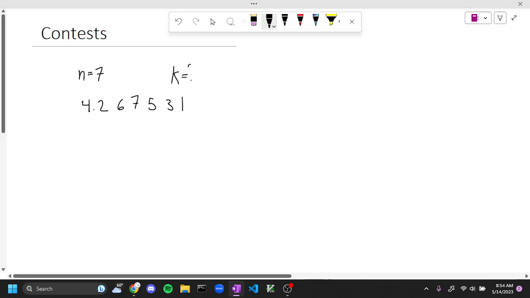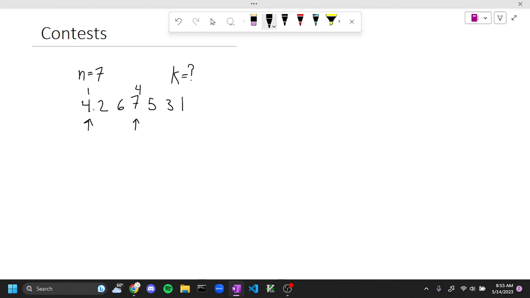We'll have to find the largest k such that you can choose two indices. Let's say right here. So this is index 1. So 4 is index 1 and 7 is index 4. And 4 minus 1 is equal to 3.